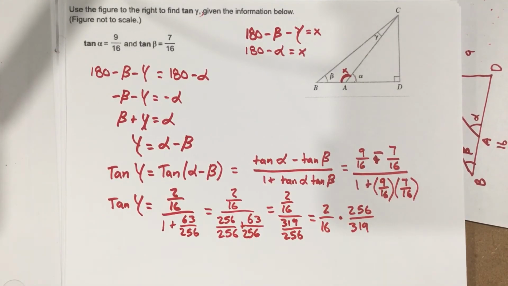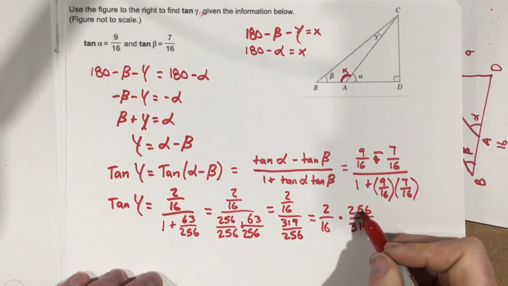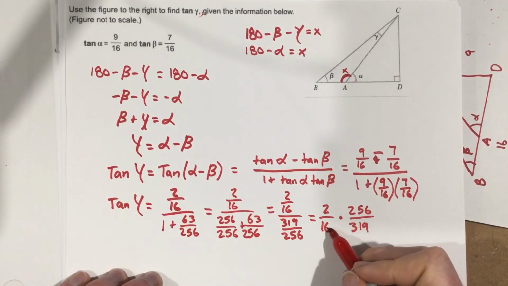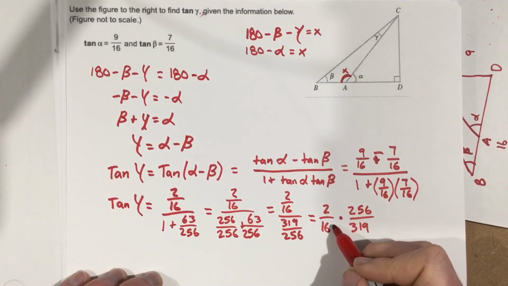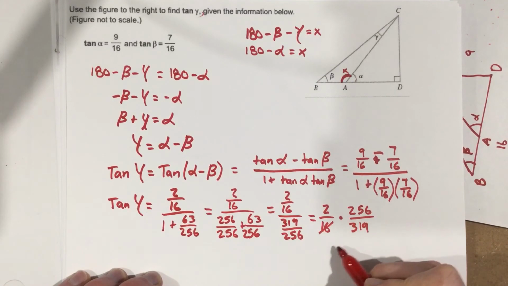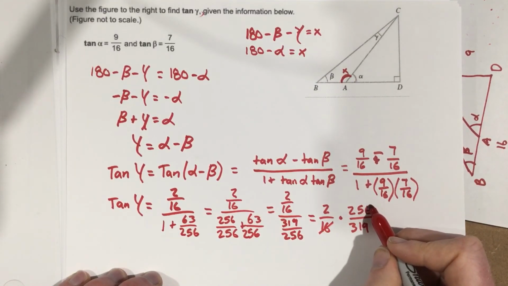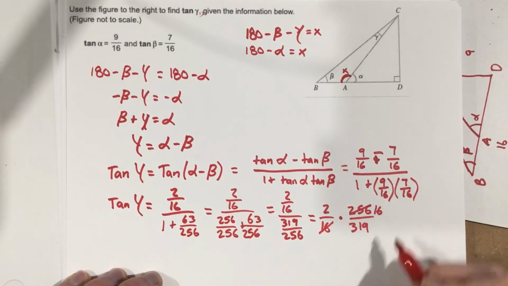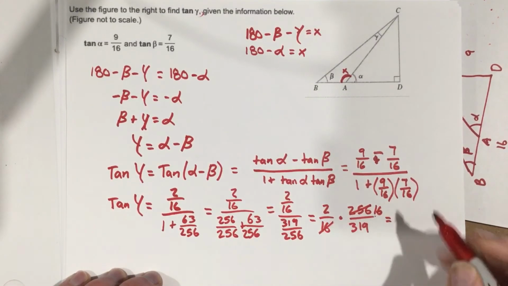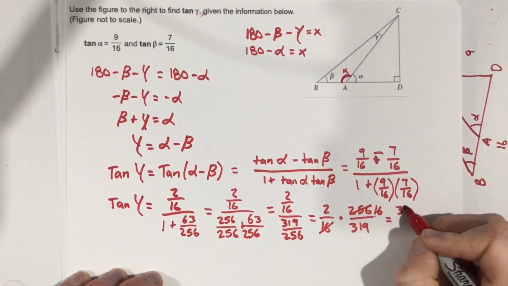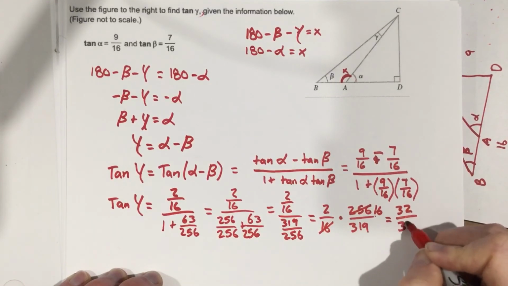I can reduce this because obviously 16 times 16 gave us 256 at one point. So this is really just 16, and my answer should be 2 times 16, which is 32 over 319.